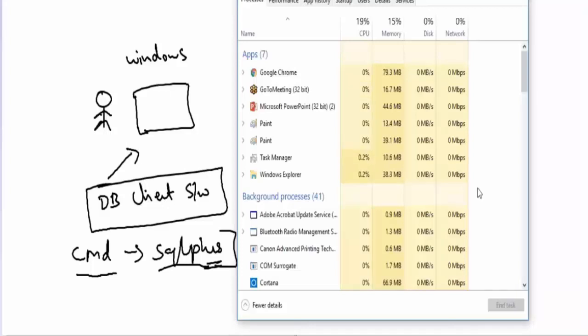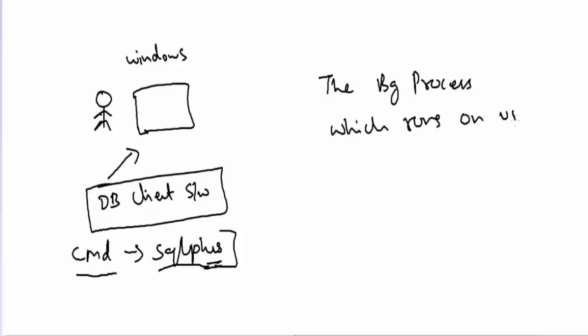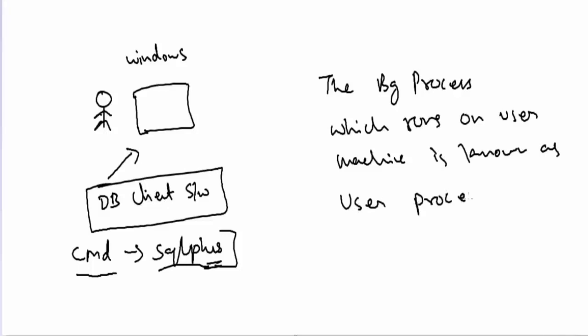So the background process which runs on a user machine is known as user process.